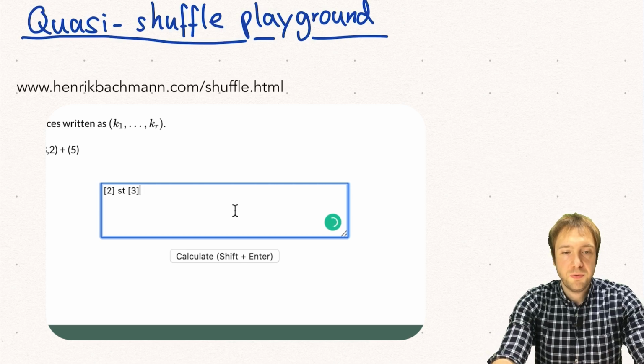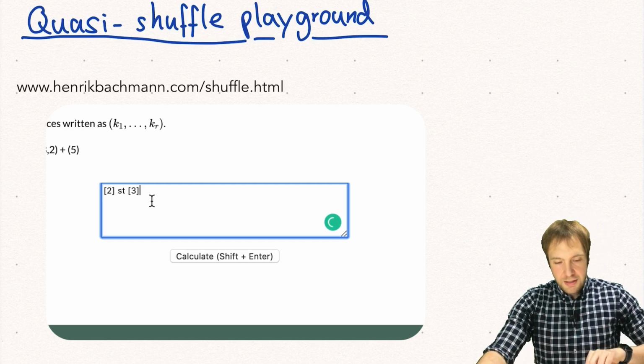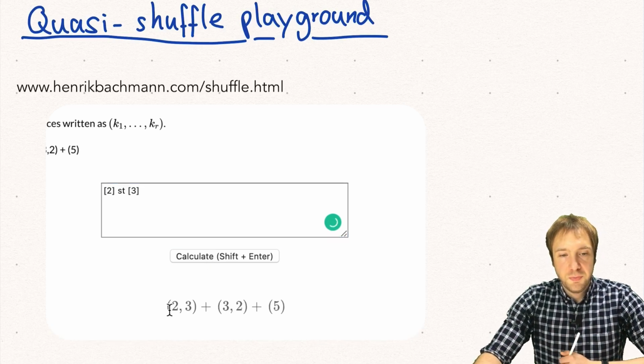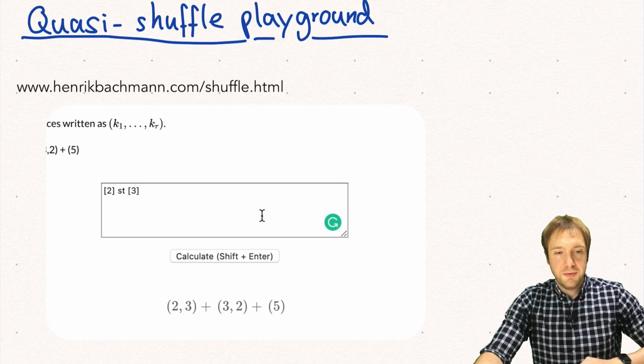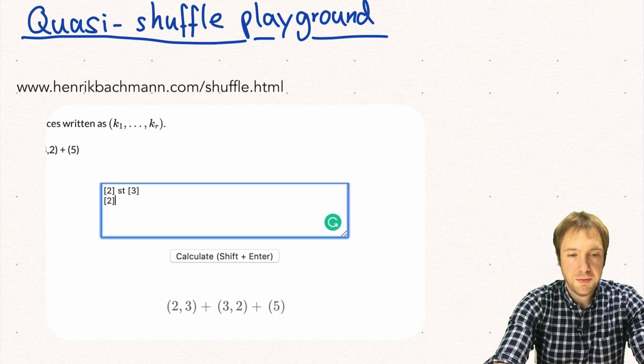For example, if you want to calculate the stuffle product of the index 2 and the index 3, you get that this is 2, 3 plus 3, 2 plus 5. And you can also use multiple lines here.